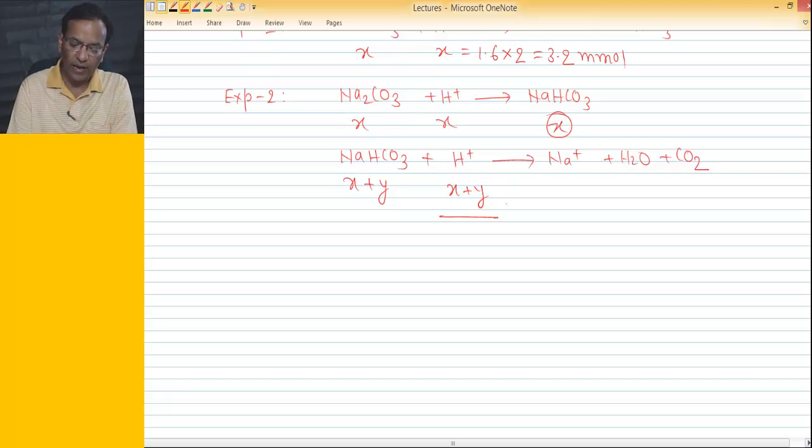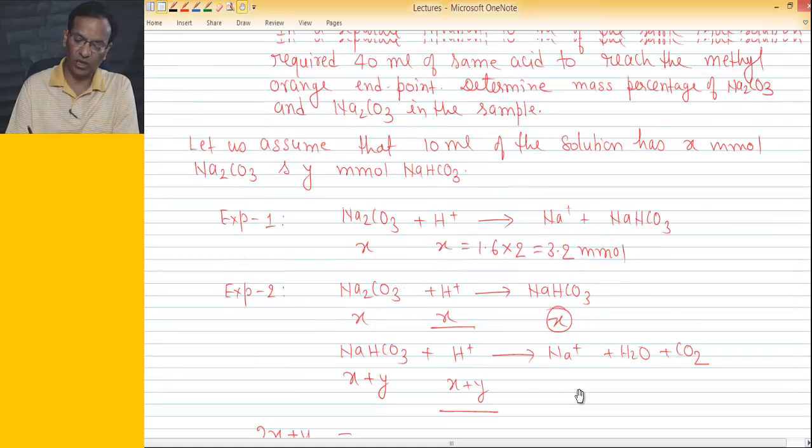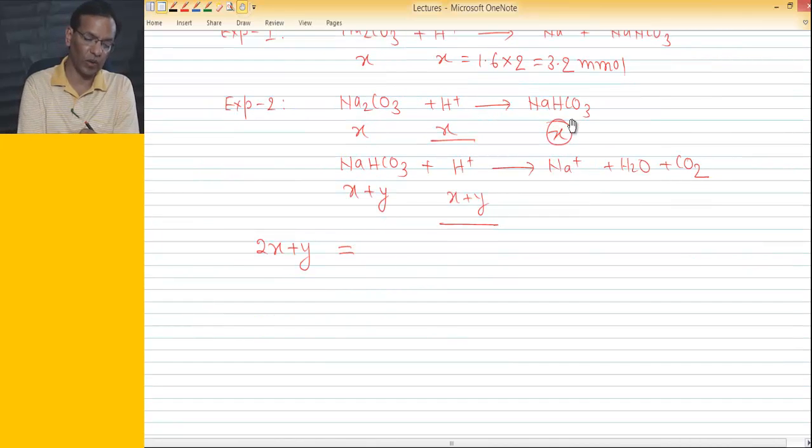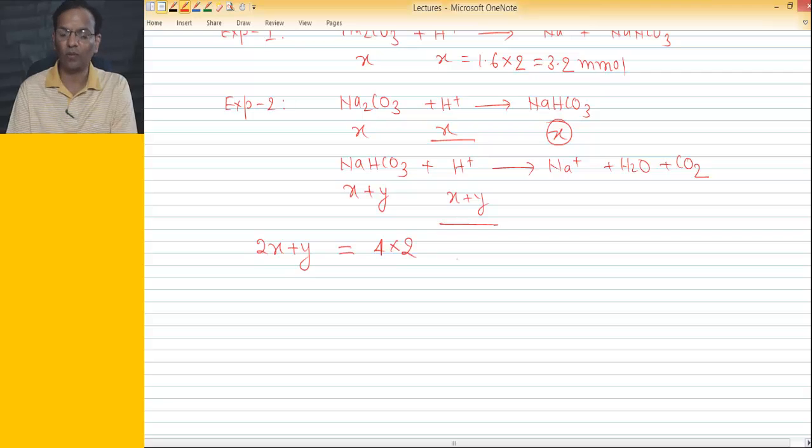So total hydrogen ion required is now 2X plus Y, which is given. 2X plus Y is equal to, see here, 40 ml, 0.1 molar, so 4 millimole of sulfuric acid.